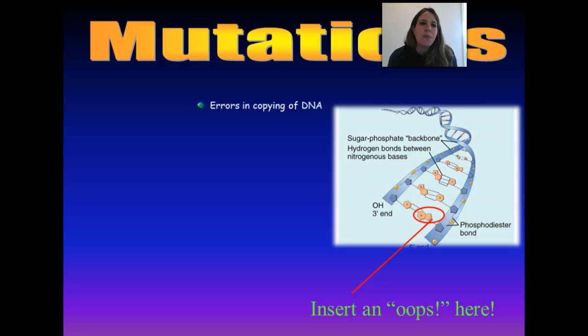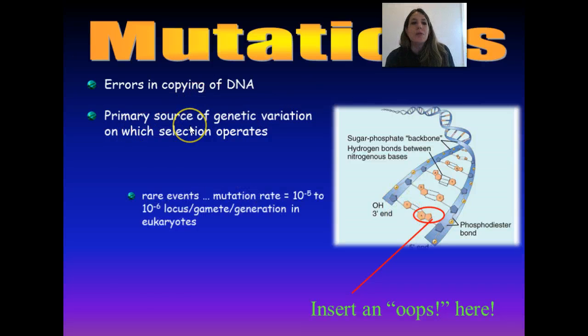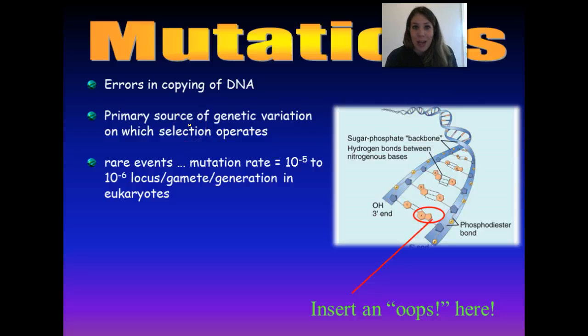Okay, so mutations are errors in the copying of DNA, but this is the primary source of genetic variation that natural selection operates on, and overall mutations are rare events. They have actually gone and calculated a mutation rate of 10 to the negative fifth to 10 to the negative sixth loci per gamete per generation in eukaryotic organisms like ourselves.